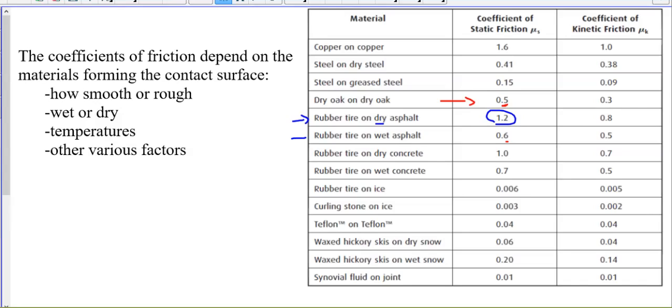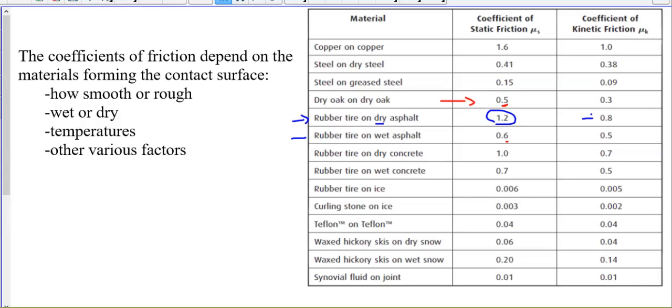So if you consider the equation for your friction, you would take your weight and multiply it by 1.2, and that would be the friction keeping the car at rest. So it'd be quite a bit more.